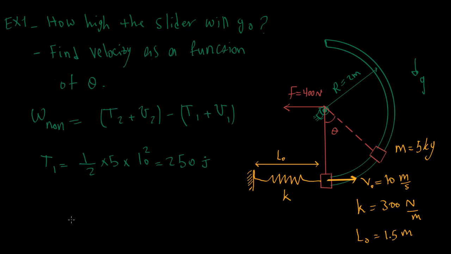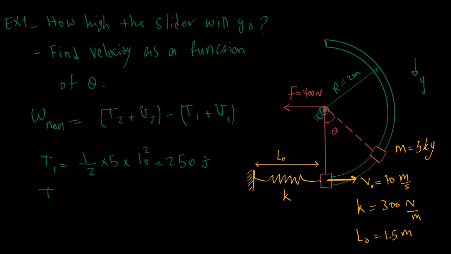That's the dimension for energy. Or you can substitute kilogram times meter per second squared. So that's T1. What is T2? Well, because we are asked to find the velocity as a function of theta, let's assume that this particle, this slider, is at position of theta with the unknown velocity of v theta.